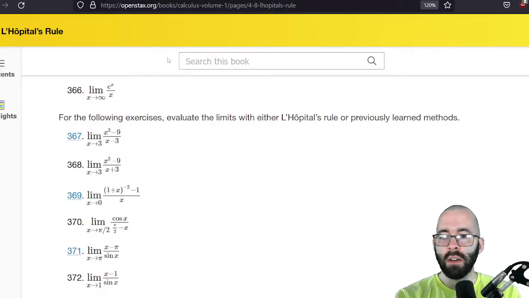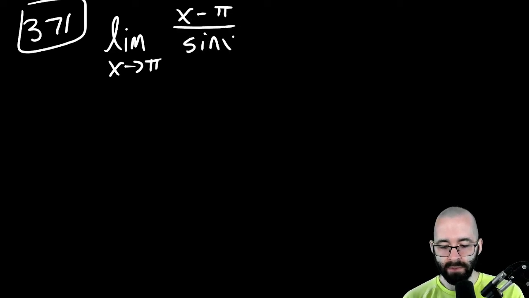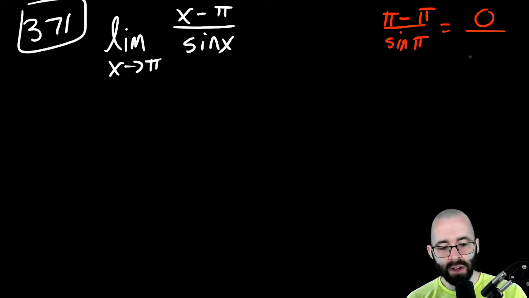371, similar problem. The limit as x goes to pi of x minus pi over sine of x. Always try direct substitution. Basically every limit problem ever. Pi minus pi, because these are both continuous functions, so direct substitution makes sense. It's going to be 0.